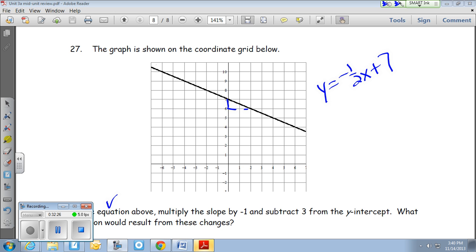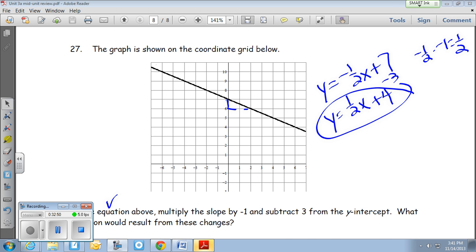So negative 1 half times a negative 1 is a positive 1 half. So y equals positive 1 half x. And then the y-intercept is going to be subtracted by 3. So that's going to be plus 4. So this is what you should get for number 27.